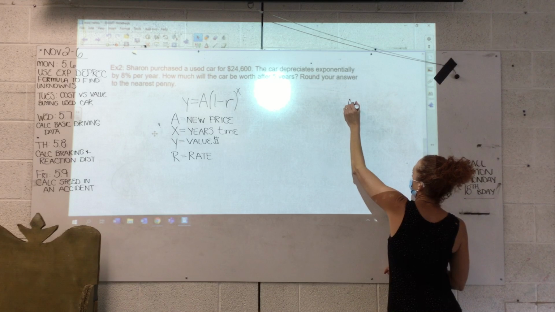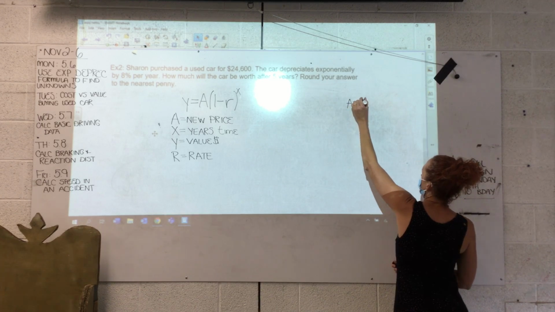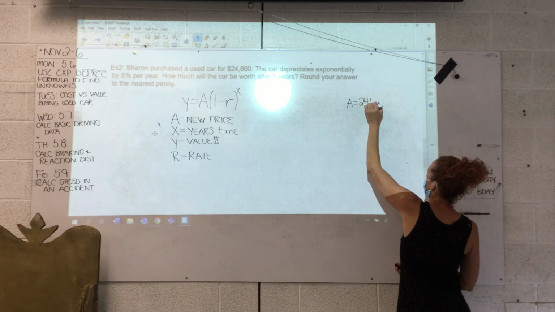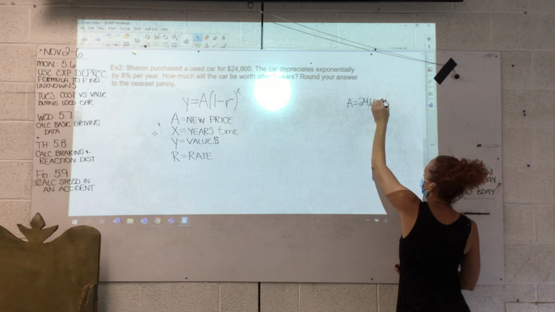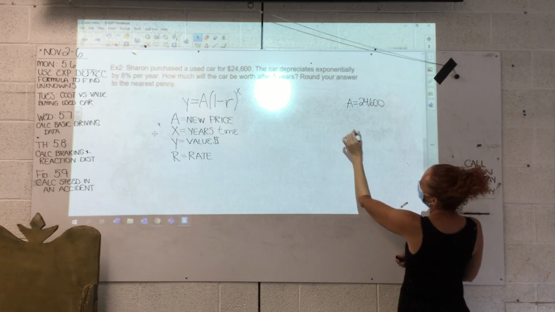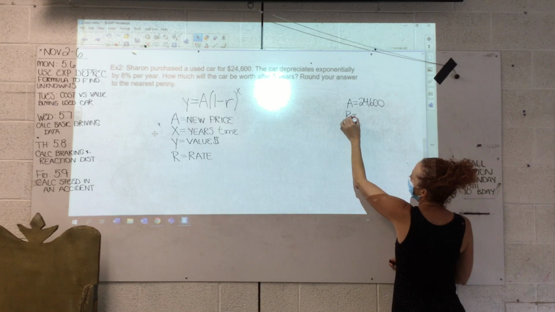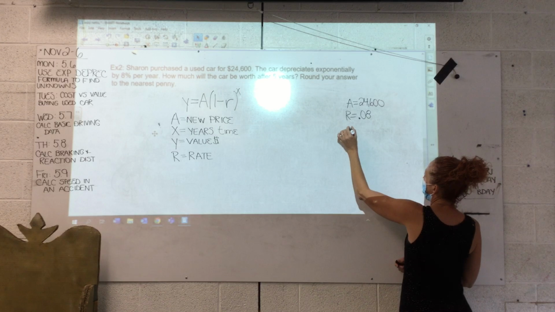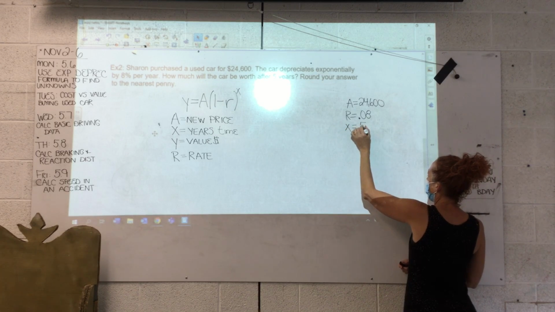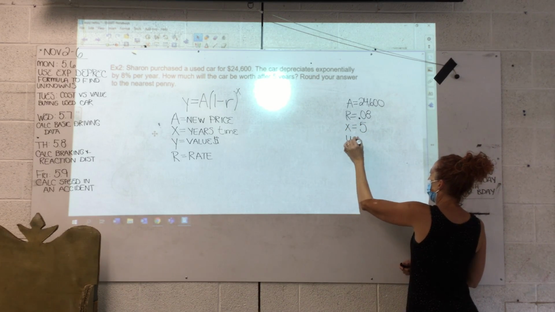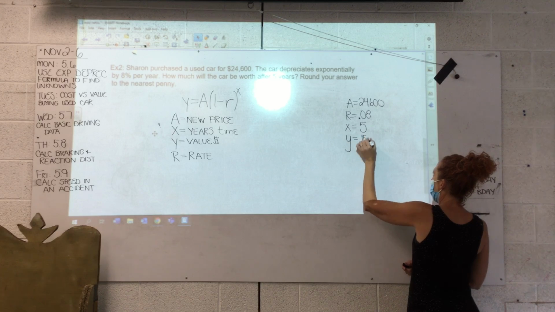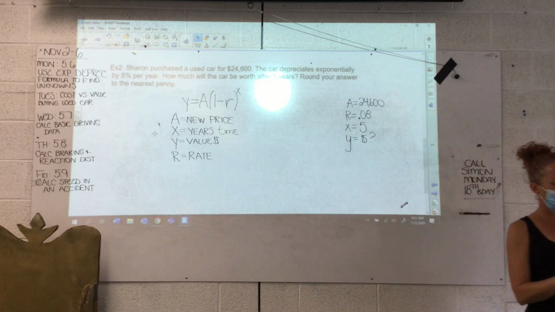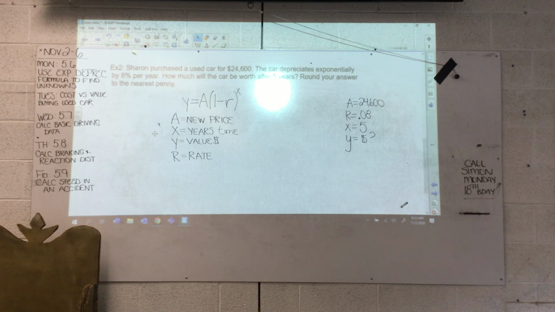We know that A is 24,600. We know the rate is 8%, so 0.08. We know the X is 5 years, and so the Y is what we're looking for. How much will the car be worth after 5 years?